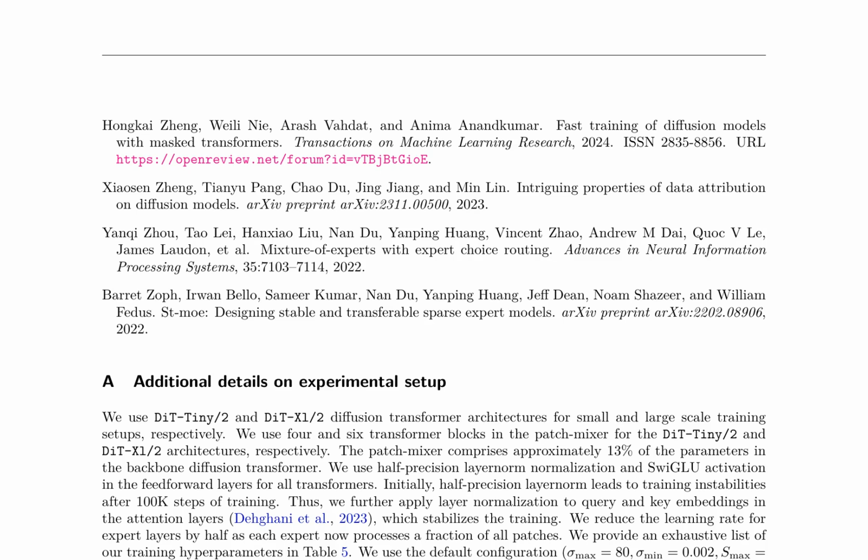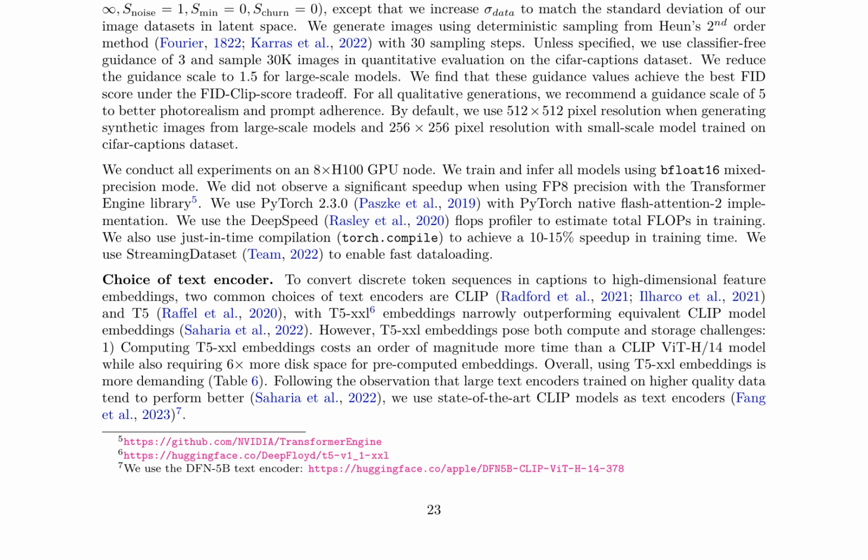The learning rate for expert layers is reduced by half as each expert now processes a fraction of all patches. The authors provide an exhaustive list of their training hyperparameters in Table 5, including the default configuration for the diffusion model, with some adjustments to match the standard deviation of their image datasets in latent space. They generate images using deterministic sampling from Heun's 2nd order method with 30 sampling steps.